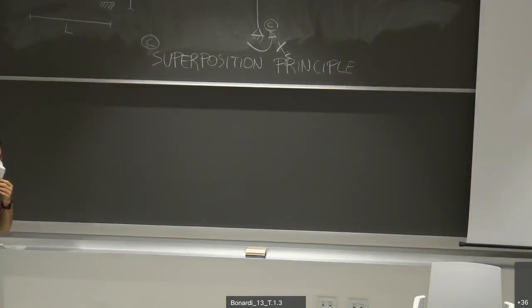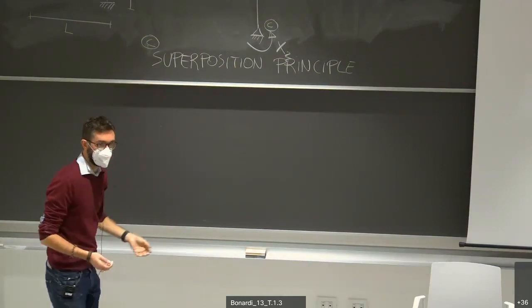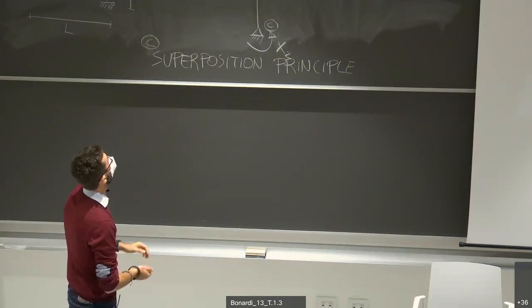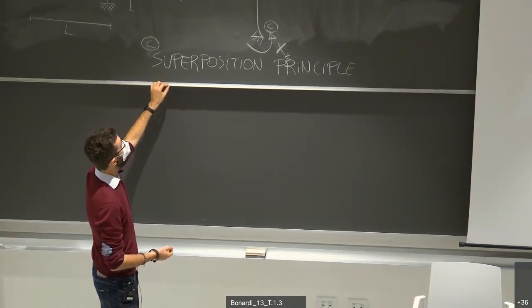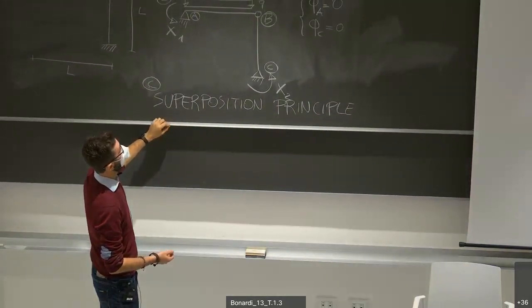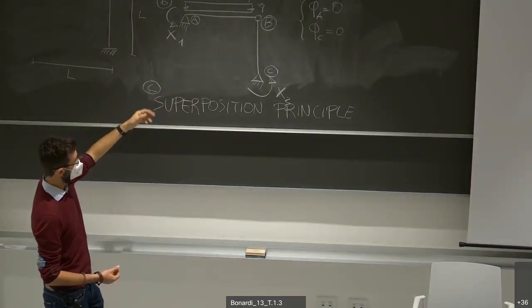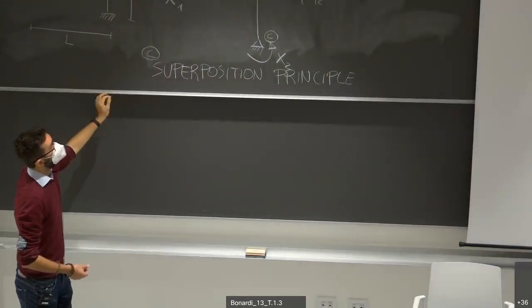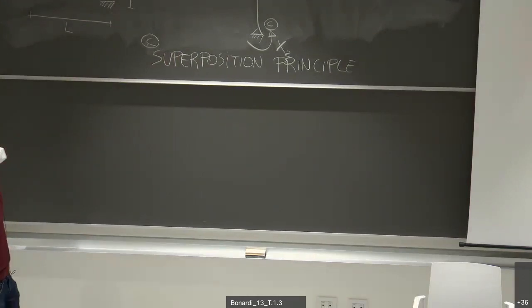It says that we can apply to a structure, if the structure is linear, a series of external actions, and if they are independent, and if we sum up the contribution of each independent action or force or bending moment, the result is the same as applying them all together.